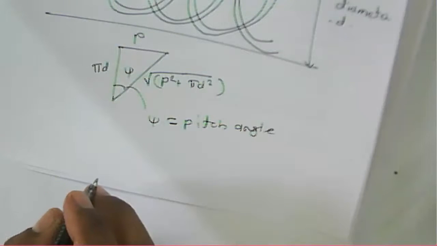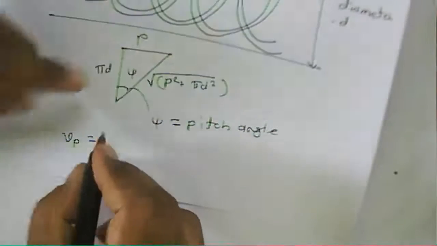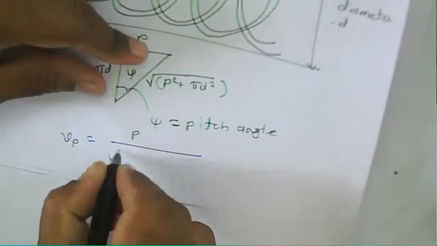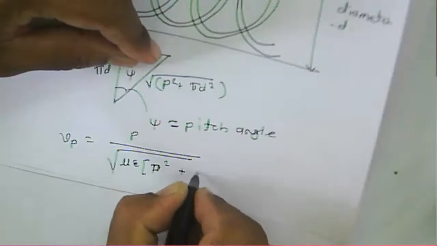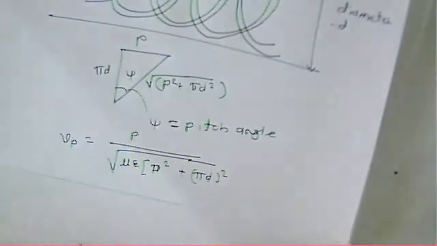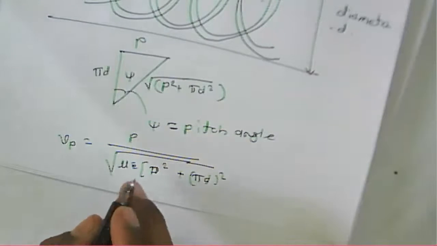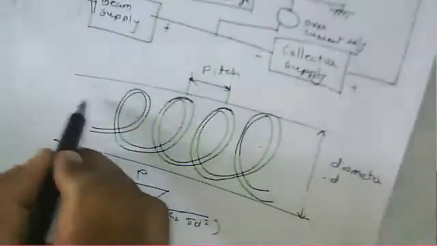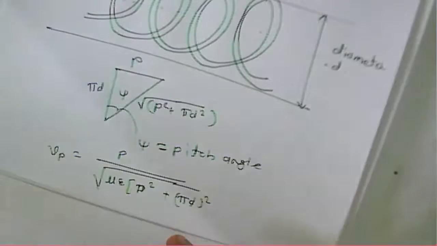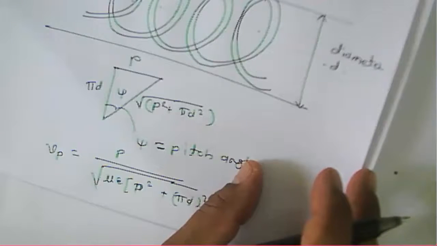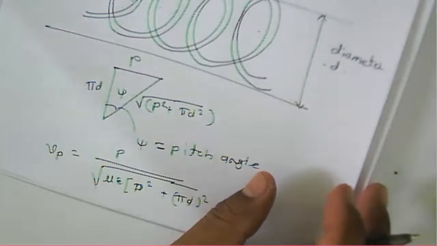Now the phase velocity in the axial direction depends upon the pitch and the circumference ratio, p square plus (pi D) square. For a given helical coil, the phase velocity in the axial direction depends on what the pitch is and what the particular structure is.